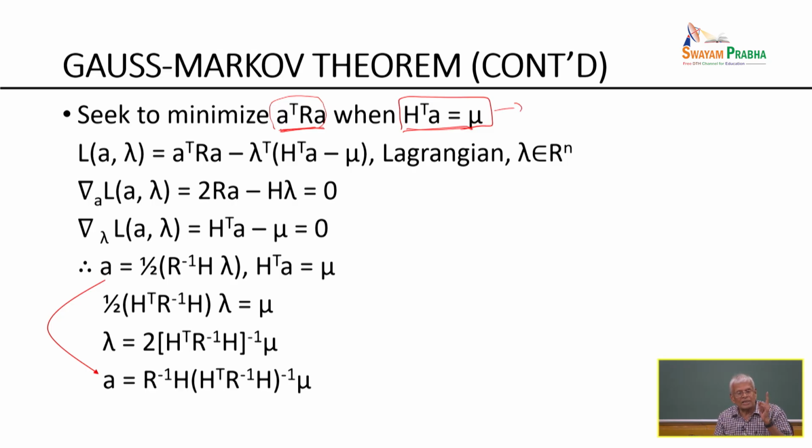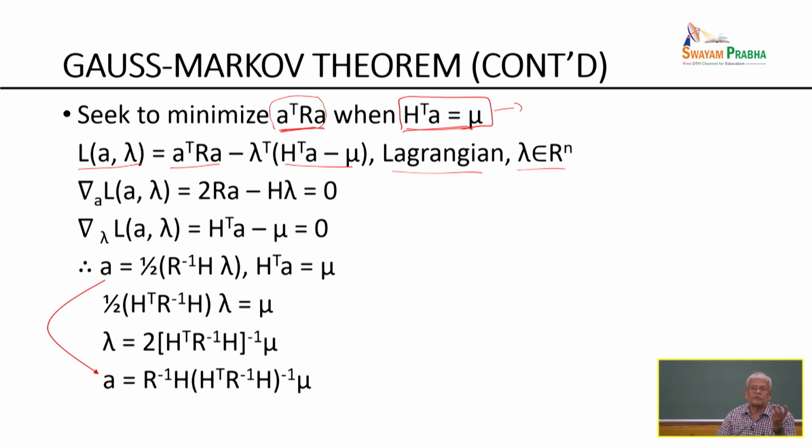Now you remember that's a classical equality constraint minimization. The Lagrangian multiplier technique applies. So I'm now going to fall back on the theory I have already developed. I'm going to consider a Lagrangian, where the variables are A and lambda. So I want to minimize A transpose RA plus lambda transpose times H transpose A minus mu, which is the constraint. That's the Lagrangian, and lambda is the Lagrangian multiplier.